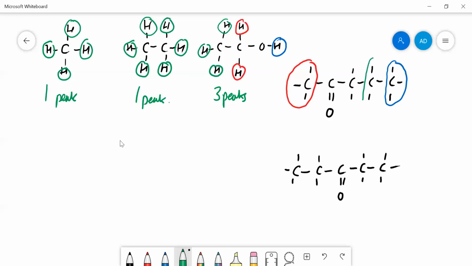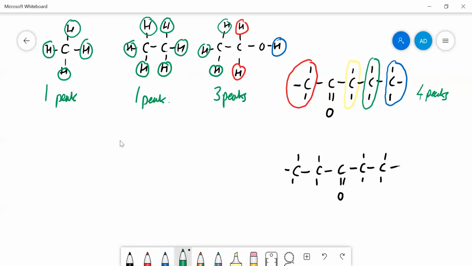These 2 hydrogens are the same as each other, but not the same as these 2, which are different because they're next door to the carbonyl. So pentan-2-one is going to give you 4 peaks.